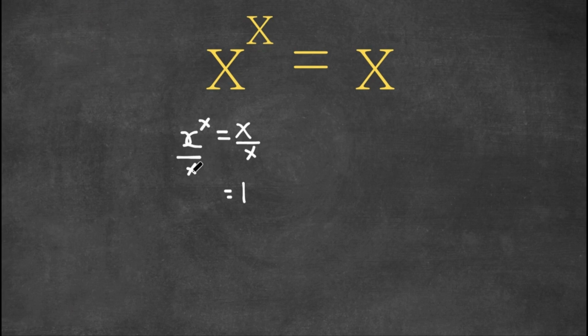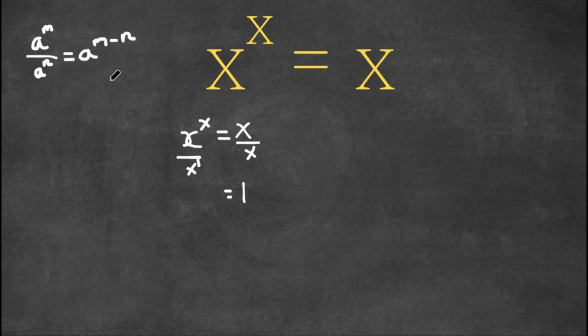And x here, our denominator, can be written as x to the power of 1. And if you guys recall an important property of exponents, it states that a to the power of m over a to the power of n is equal to a to the power of m minus n.